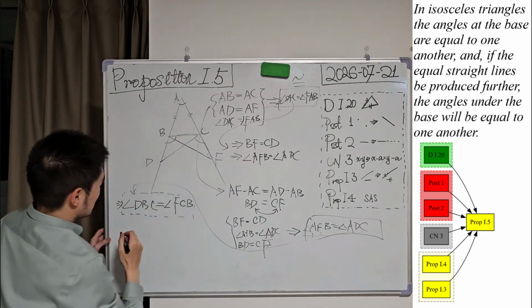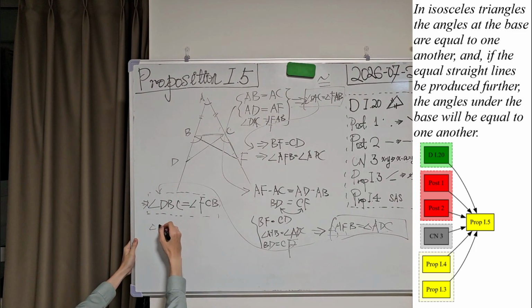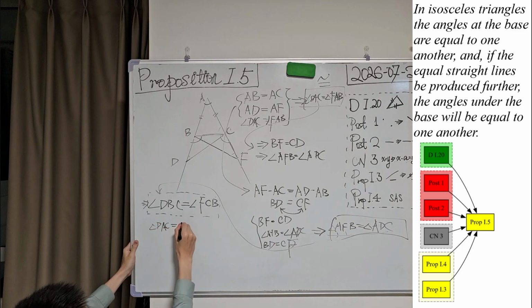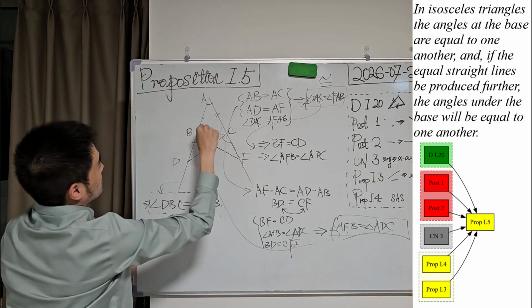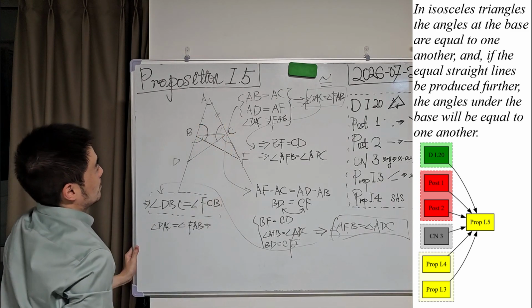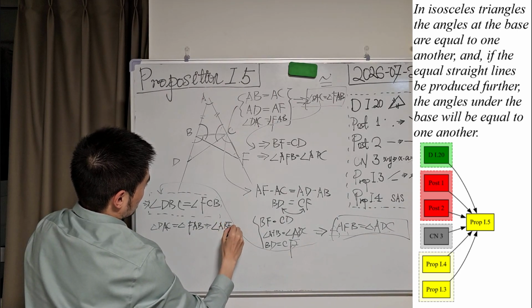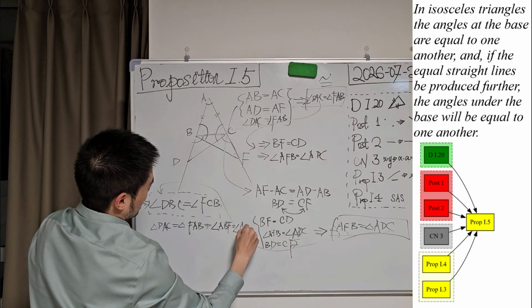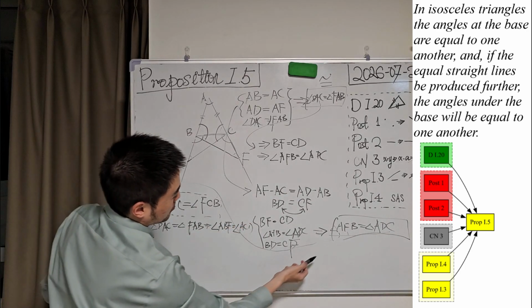With the first pair of equal triangles, DAC equals triangle FAB, we know that this angle and this angle are equal, right? So angle ABF is equal to angle ACD. Great.